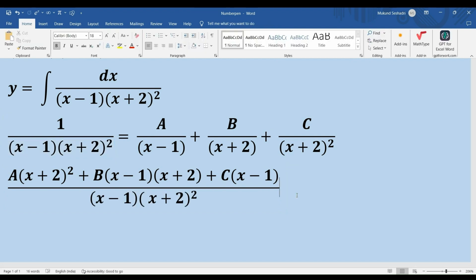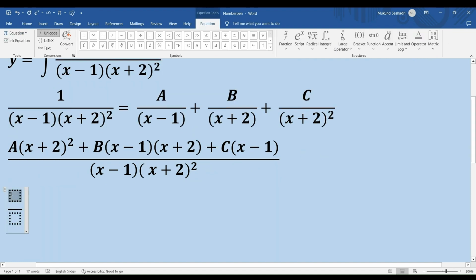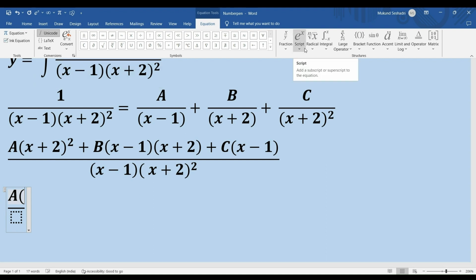Let's expand this particular expression and let's see what we get. So my first one, which is a times (x plus 2) the whole square, which is nothing but a times x square plus 4 plus 4x, right?